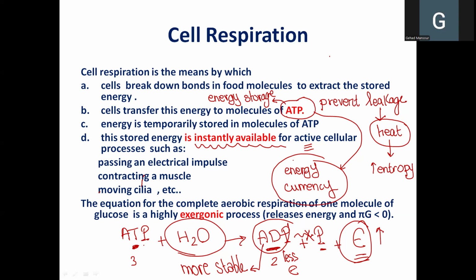And the process of aerobic cellular respiration, in which you break down glucose in the presence of oxygen to release energy, is considered a highly exergonic process, meaning that it releases a huge amount of energy.